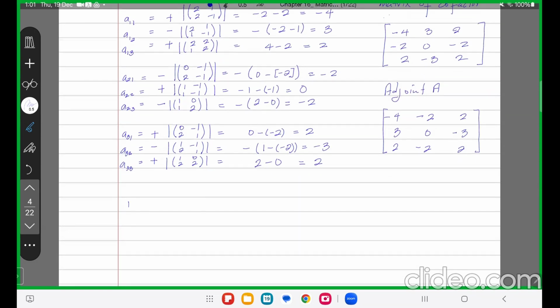And so A inverse would be 1 over the determinant of A, which is minus 6, times adjoint A, which is the transpose of the matrix of cofactors. So here is 3, 0, minus 3, 2, minus 2, 2.